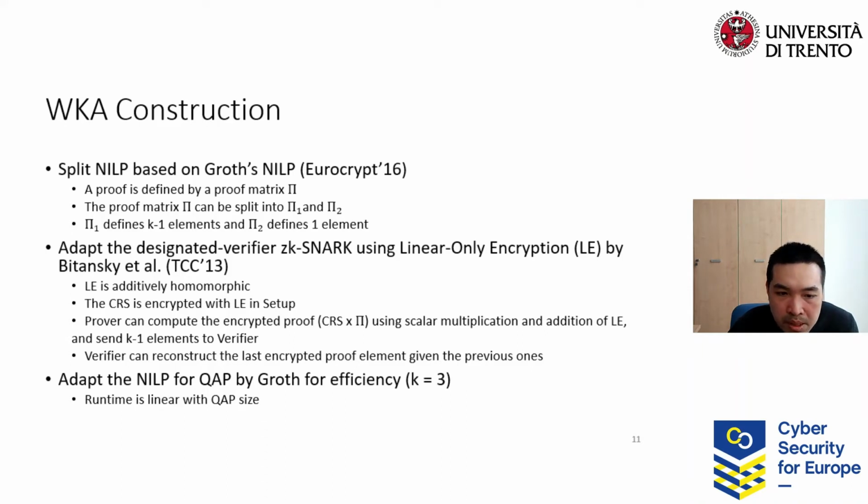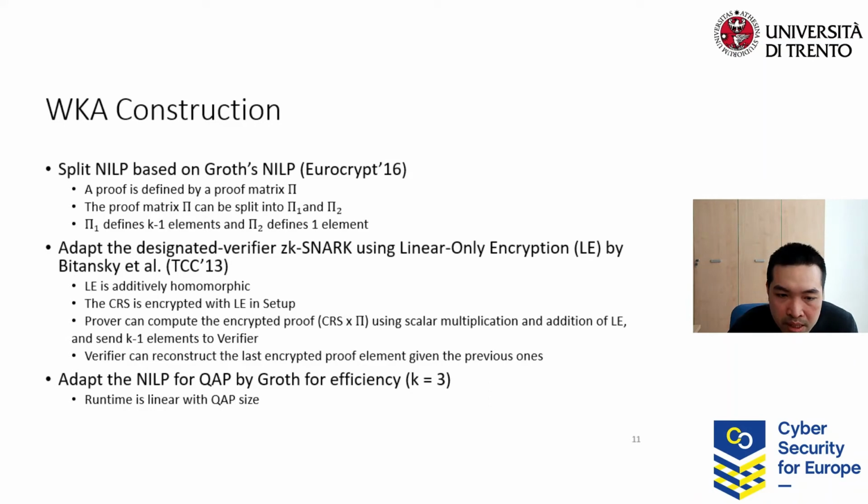We then adapt the designated verifier zk-SNARK approach that uses linear-only encryption scheme in our Witness Key Agreement construction. So, as linear-only encryption scheme provides additive homomorphic property for its ciphertext, we can encrypt the common reference string of the NILP using the linear-only encryption scheme in the setup phase.